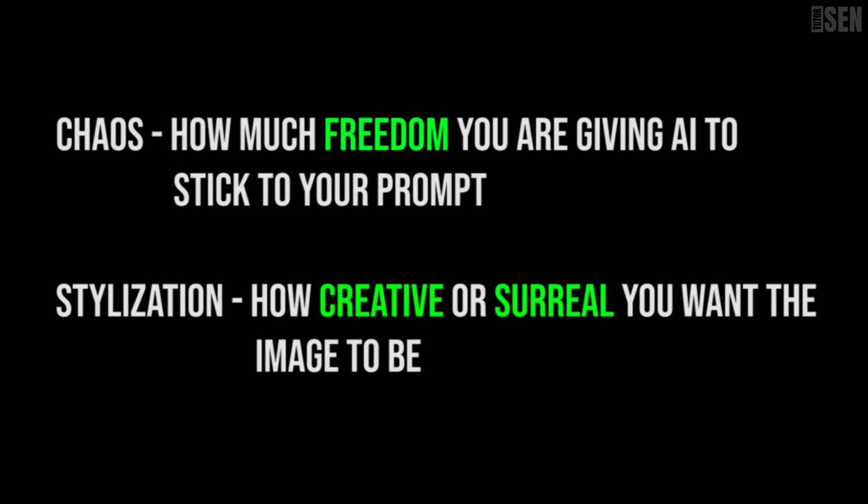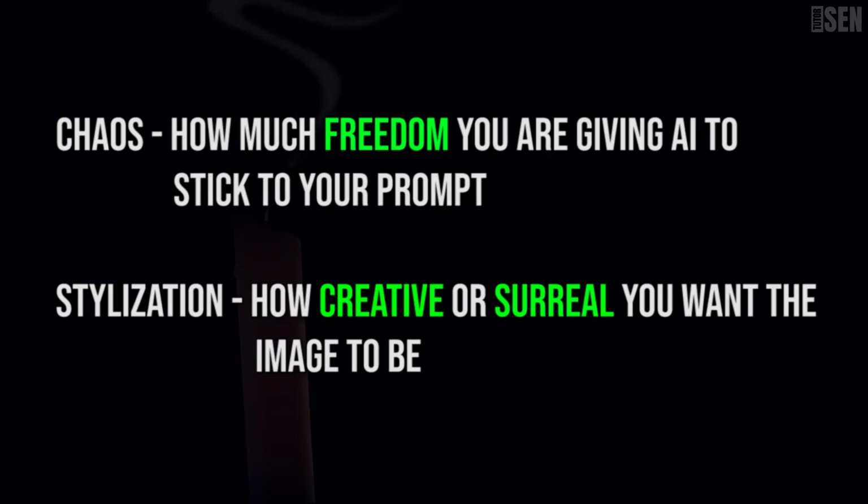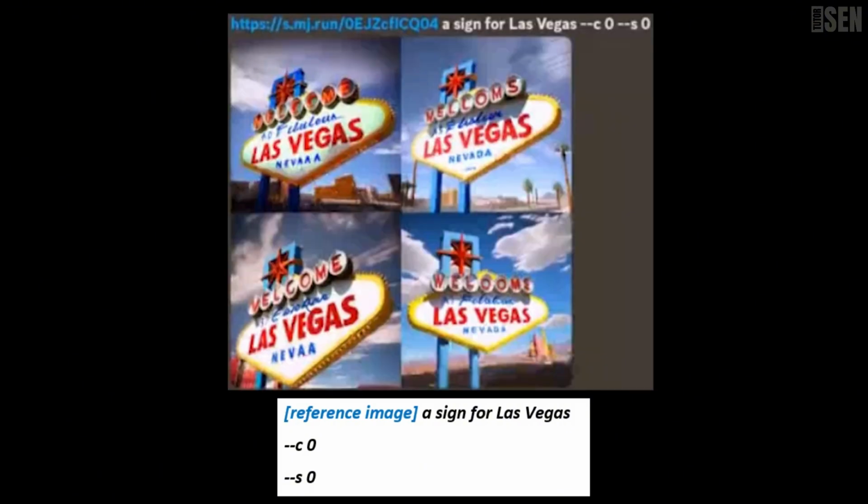Chaos, remember, is how much freedom you are giving AI to stick to your prompt. And stylization is how creative or surreal you want the image. If we truly want to guide our image, we will turn those two parameters off. So our prompt will be reference image, a sign for Las Vegas, C0, S0.